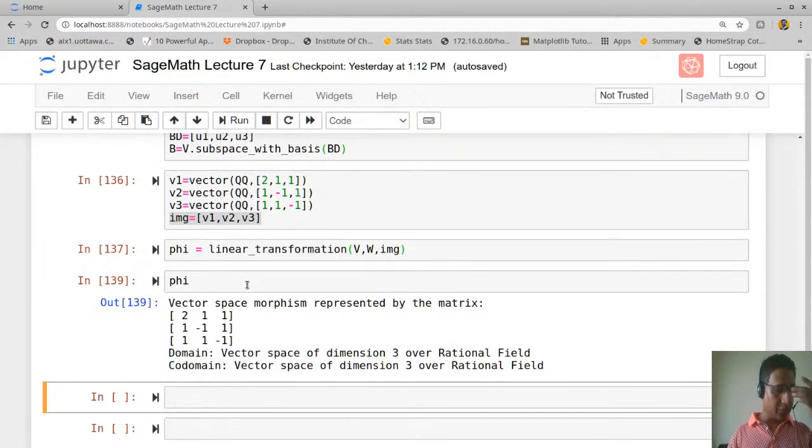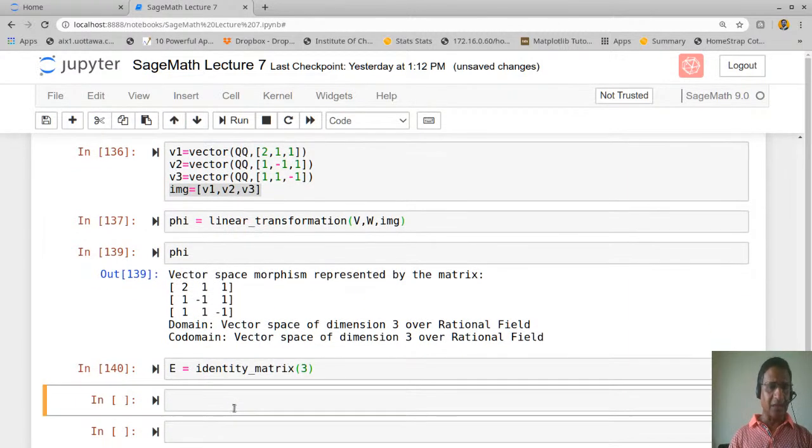Let me again define E as the identity matrix of size 3, and then take x of i plus 1 times T of e_i.